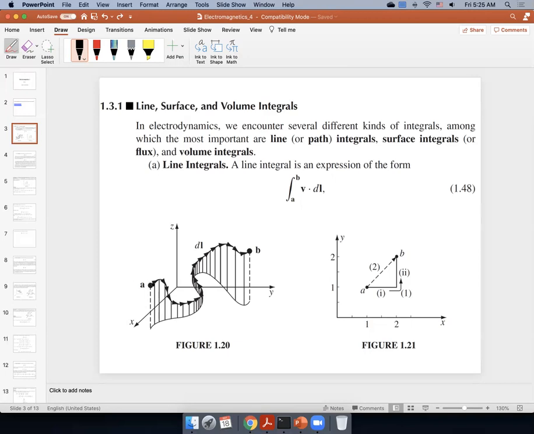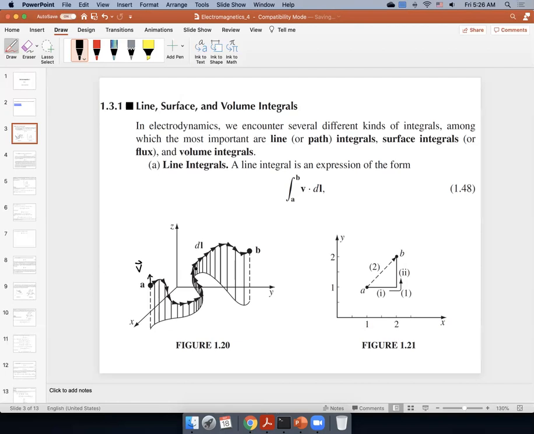Notice that your function now is a vector. So your v, for example, at the point A, it might be, let's say this is your v. It might be pointing in some direction. So v dot dl will be the dot product of two vectors. The first vector, of course, is your v or your function, and it's a vector function, and then dot product your dl.